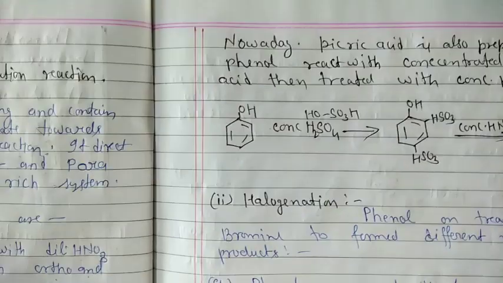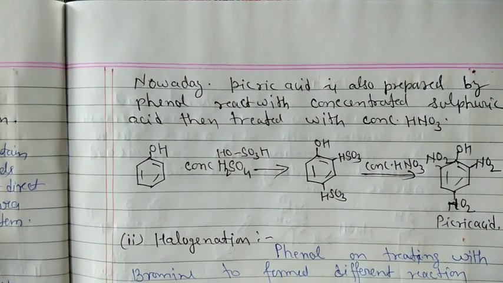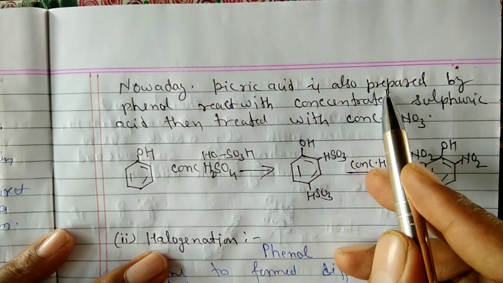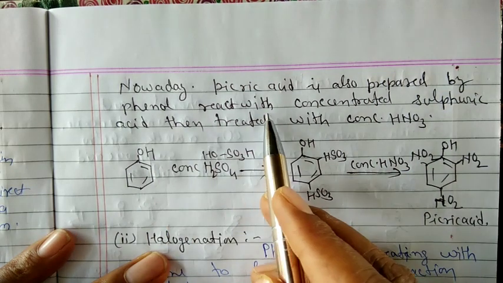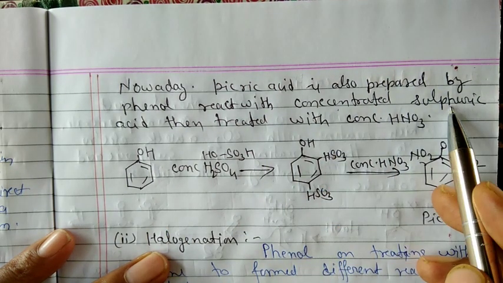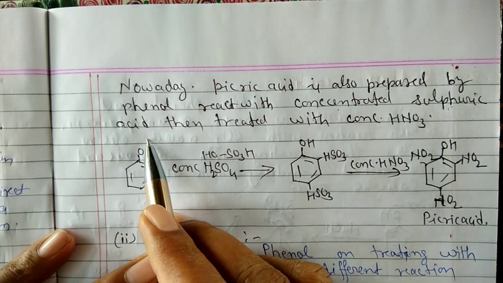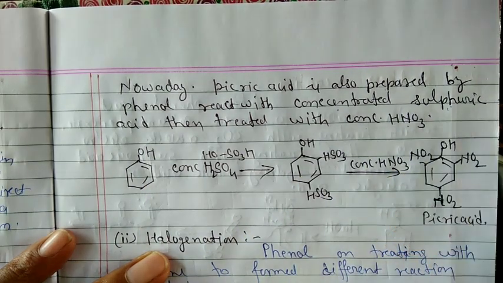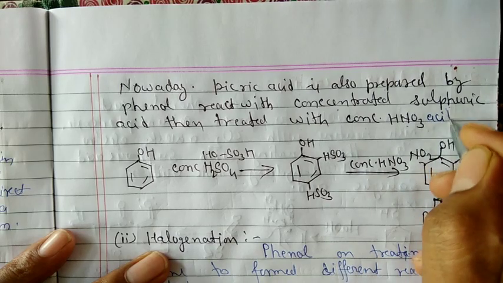But nowadays, picric acid is also prepared by reacting phenol with concentrated sulfuric acid, then treating with concentrated nitric acid. Okay, students.